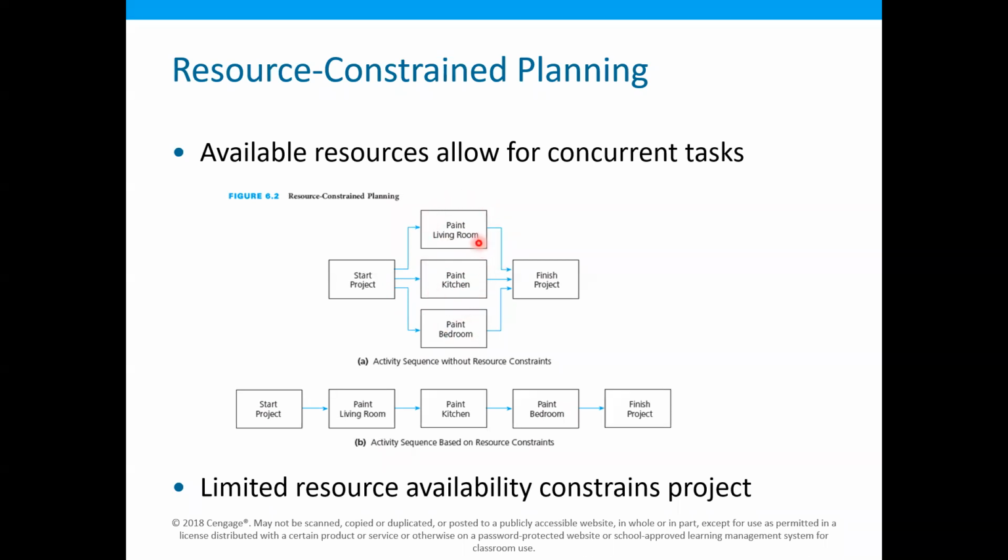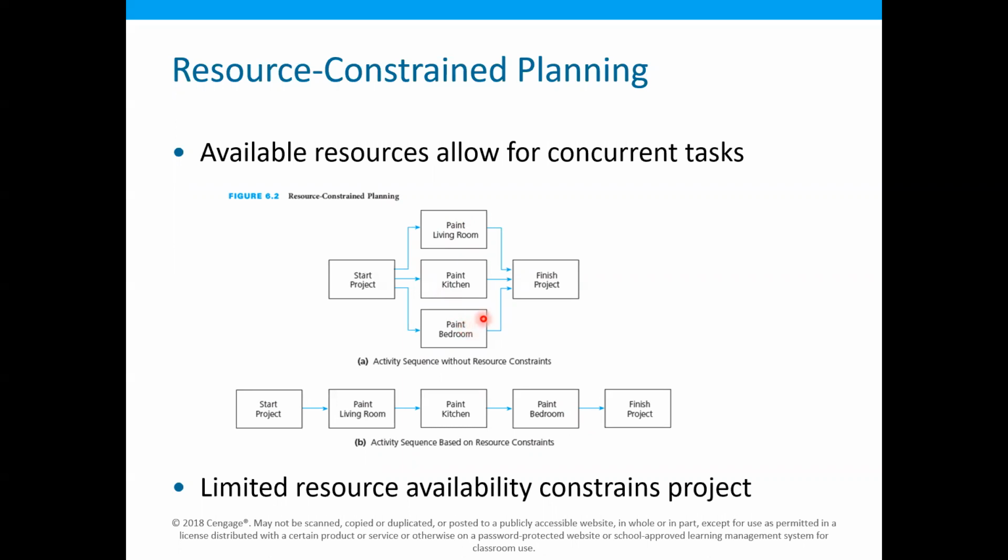If we need one painter for each location, then we have three painters. All three painters can start working at the same time and complete the tasks in parallel. However, this type of relationship can become a serial relationship when we have only one painter available.